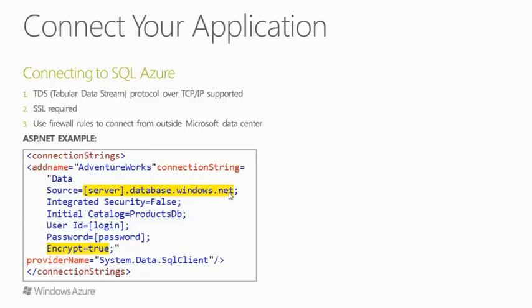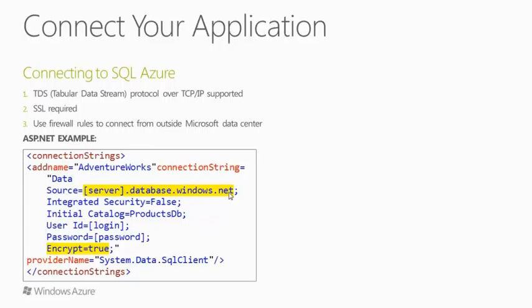And you do need to set up your firewall rules to be able to connect from outside any Microsoft data center, right? So here's an example of a connection string from an ASP.NET app. The data source is the entire fully qualified domain name, server.database.windows.net, and then the username, password, and the initial catalog, the initial database. But notice in the highlighted yellow that encrypt equals true.